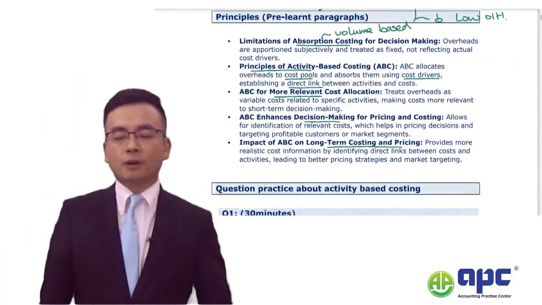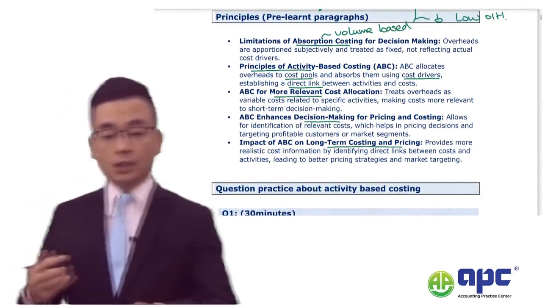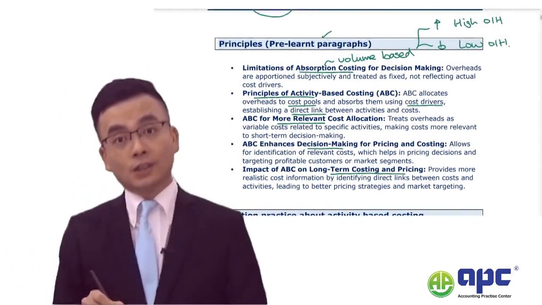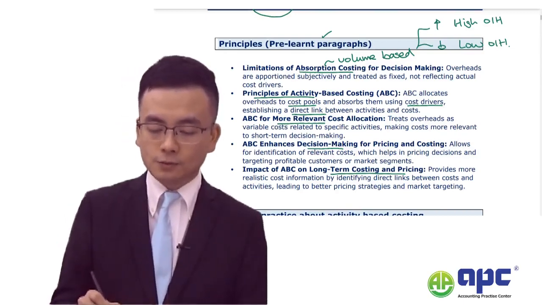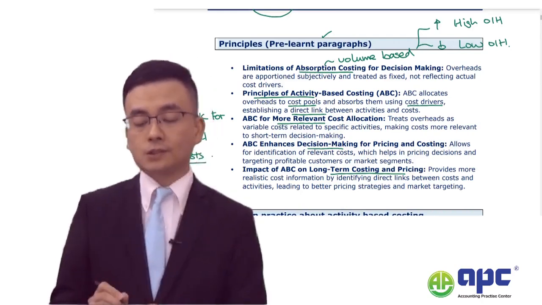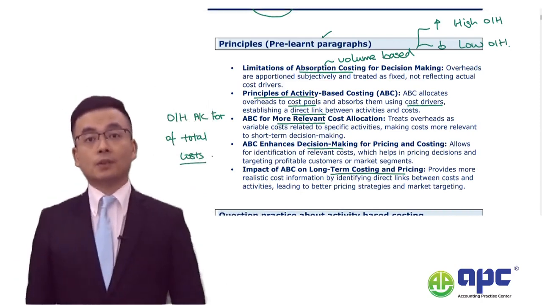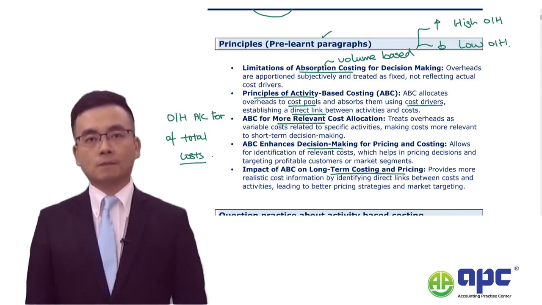Now, from your earlier study, of course, when to use ABC? I would say that ABC is used when overhead accounts for quite a lot of the total cost. So usually in practice, more than 20% of the total cost are overheads. Yes, we can consider to use ABC.